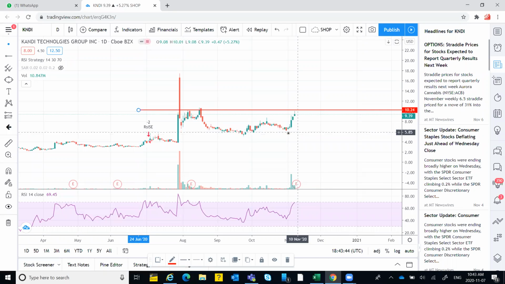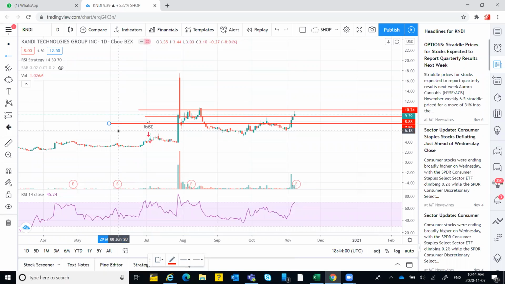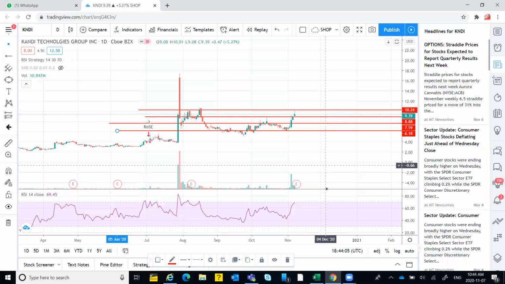A little bit of space here, but the downside is more. This is the first support, then the second one, and this is the third support. Upside is less, downside is more, and it is almost overbought.